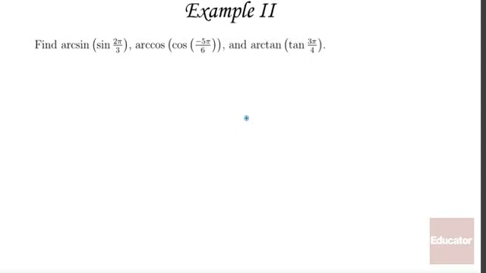So in our second example here, we have to find the arcsine of the sine of 2 pi over 3, and then some similar values for arc cosine and arc tangent. So the first thing to do here is really to figure out where we are on the unit circle.